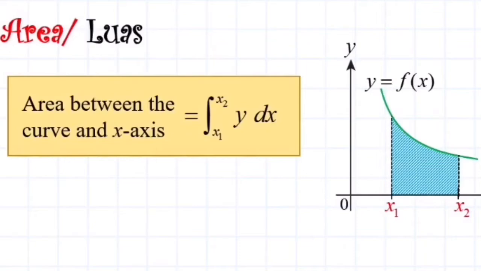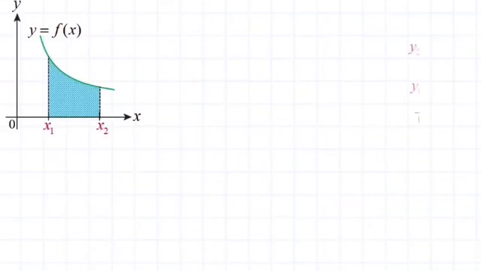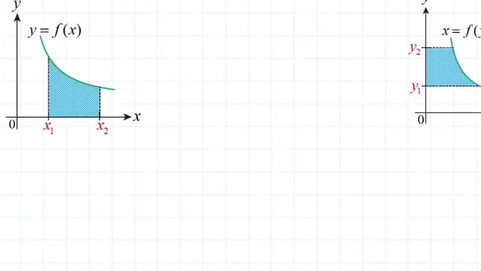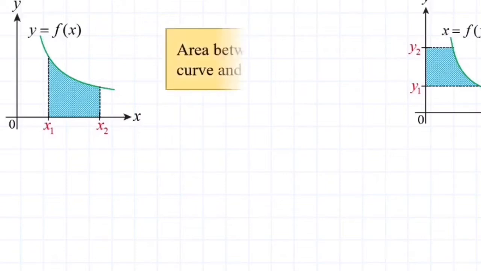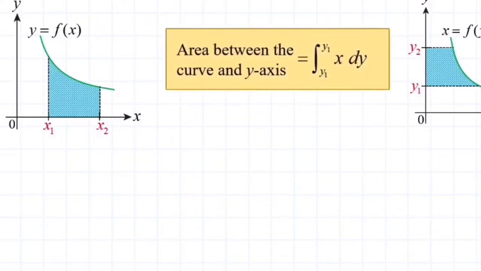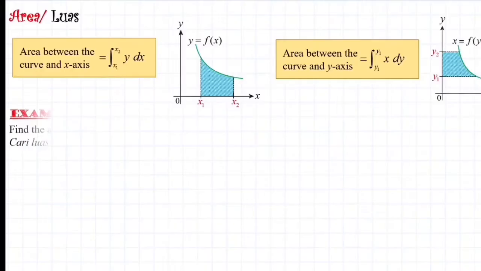I will also give you an example for the area bounded by the y-axis. This is the example: y equal to f(x) is bounded by the x-axis, so the limits follow x1 and x2. If the area is between the curve and the y-axis, the formula will be the integral from y1 to y2, and the formula now becomes x dy.